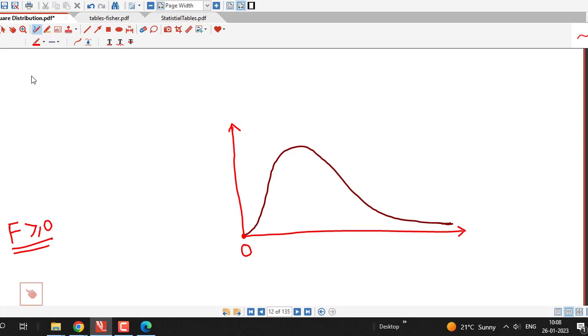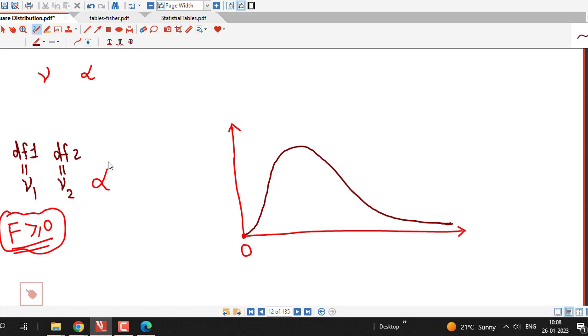In chi-square critical values, we require degrees of freedom and level of significance. So here also we will require level of significance, but because this F distribution is defined as a ratio of two independent chi-square random variables, we have numerator degrees of freedom denoted by nu1 and denominator degrees of freedom denoted by nu2, or some sources write this as df1 for the degrees of freedom for the numerator and df2 for the degrees of freedom in the denominator.